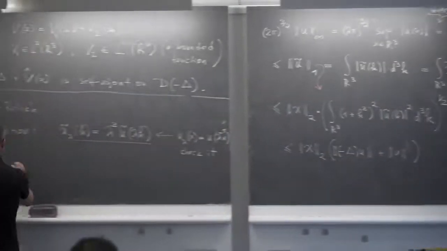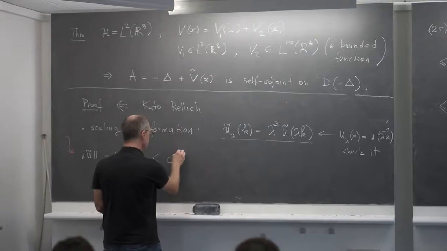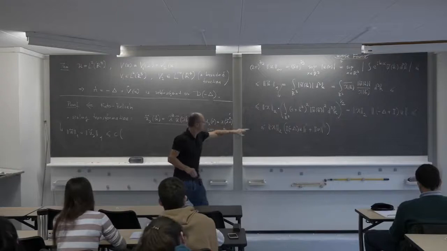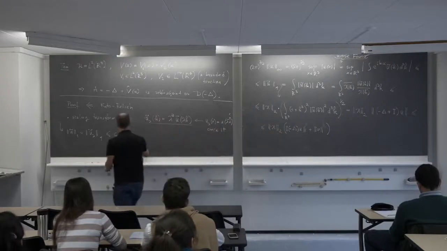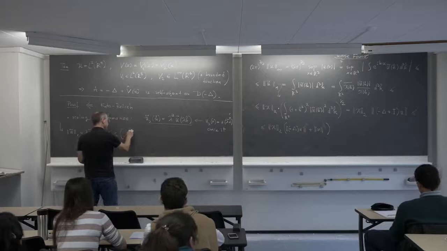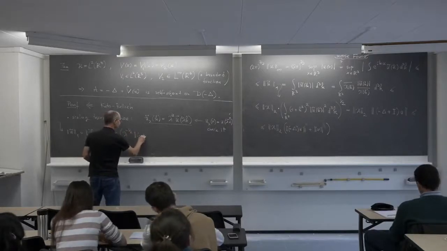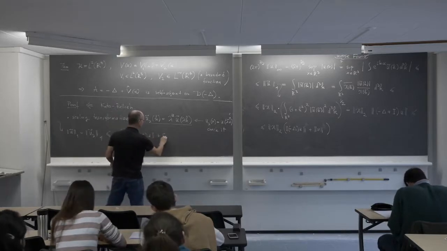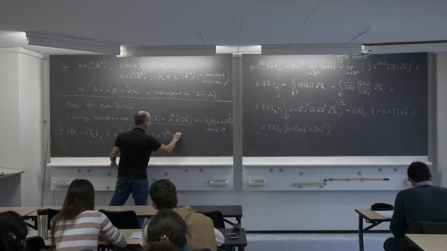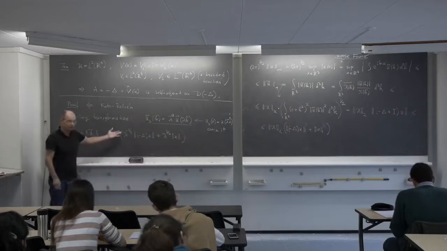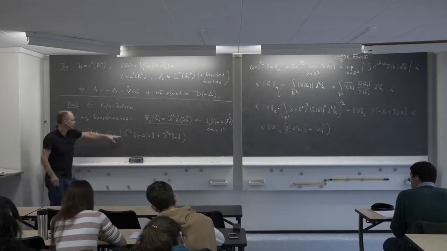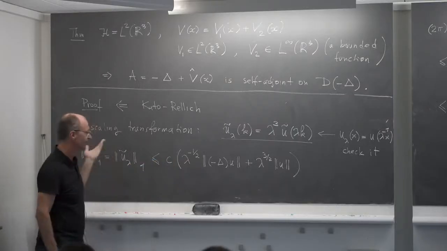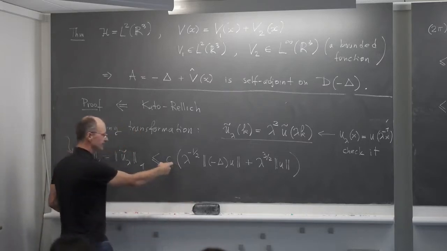So let's denote this guy by C, and if you make the substitutions, we'll find out that the behavior will be like this: lambda to the minus 1/2 minus delta u plus lambda to the power 3/2 u. So if you go through the scaling, you will see that these two terms will scale differently. Now, that's the interesting situation.